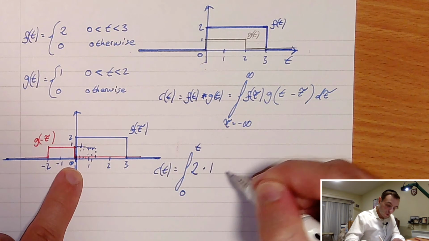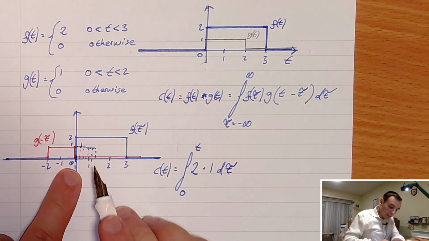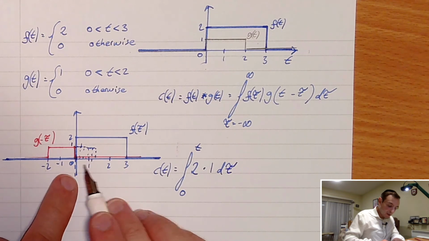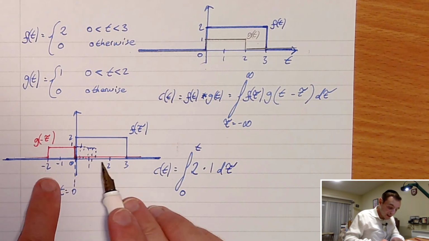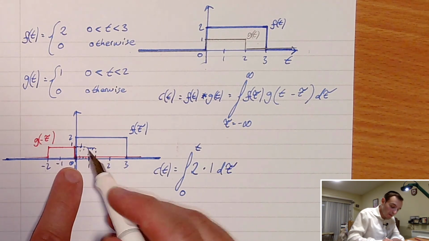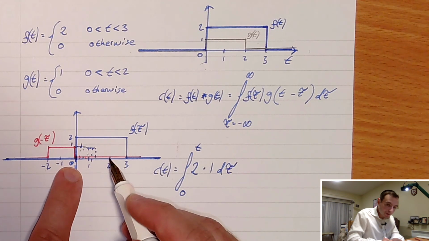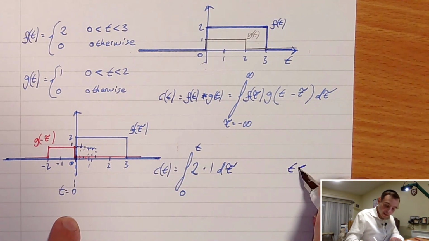So it's going to be 2 times 1 d tau, but that's only going to be true up to a certain point, between t equals 0 and t equals 2, because when t equals 2, that red box is going to be fully enclosed and it's not going to be increasing anymore. So this is going to be true for t between 0 and 2.